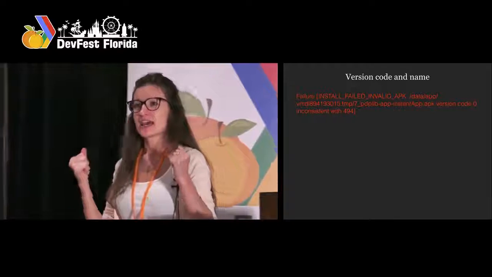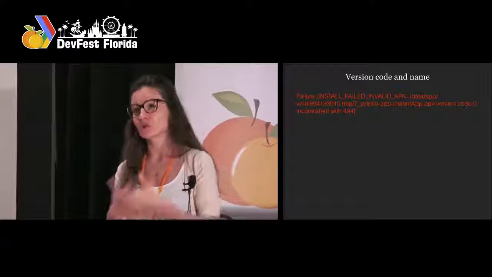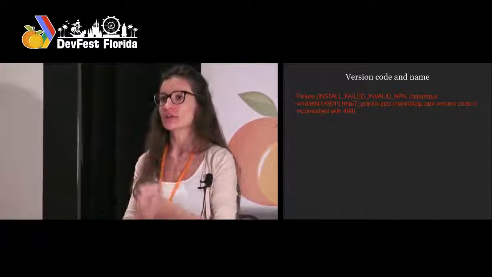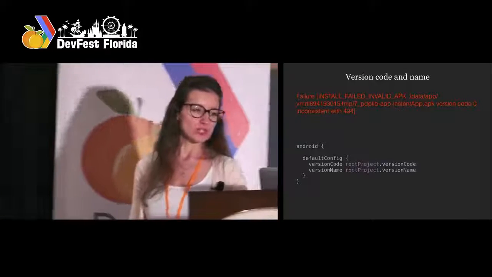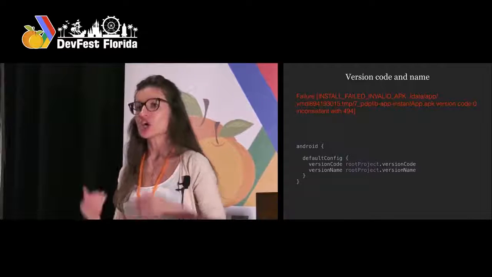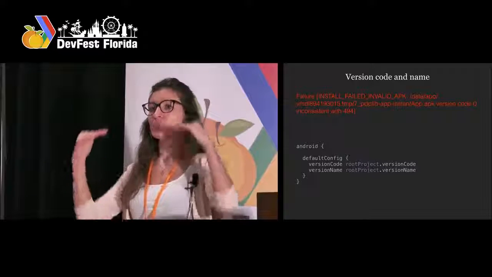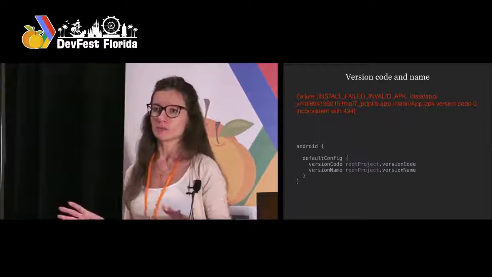But unfortunately, it doesn't work like this at the moment. This is a bug on Google's side, and they're aware of it. Hopefully, they will fix it. At least they promised to fix it. But currently, in order not to run into this issue, you have to set a version code and version name manually, not only in the base module, but in the feature modules as well. Once you set it manually, you will be good to go.